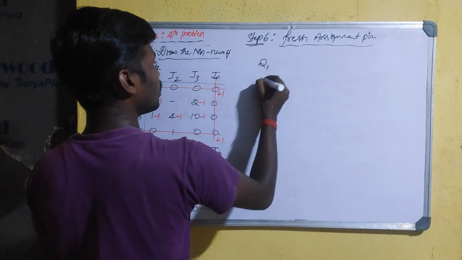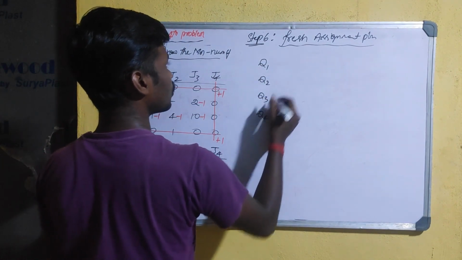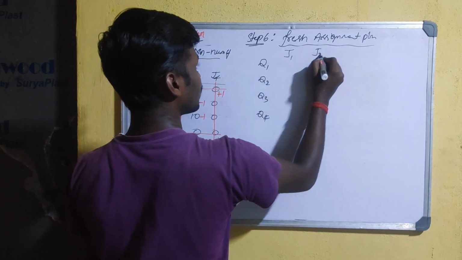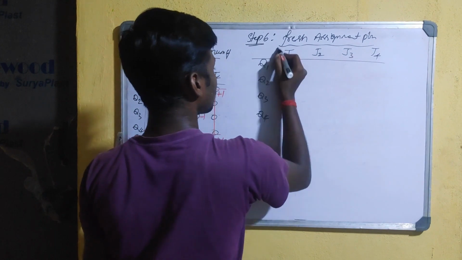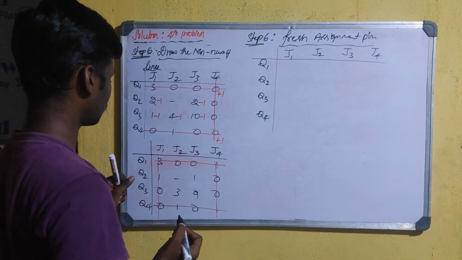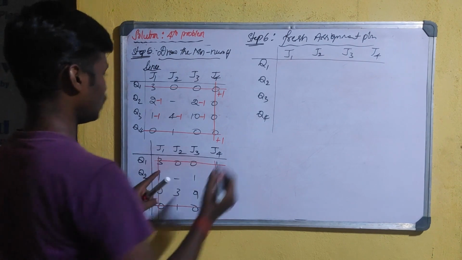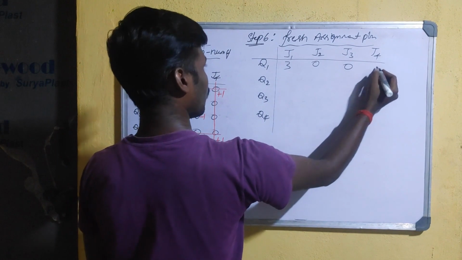So Q1, Q2 and Q3 and Q4. So J1, J2 and J3 and J4. Right? See, 3 0 0 1.